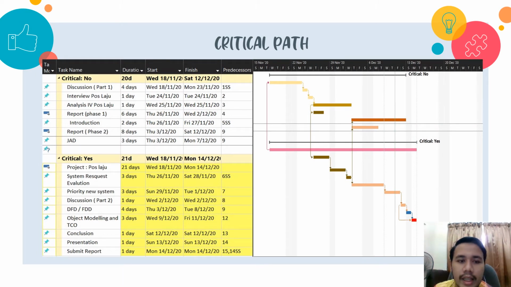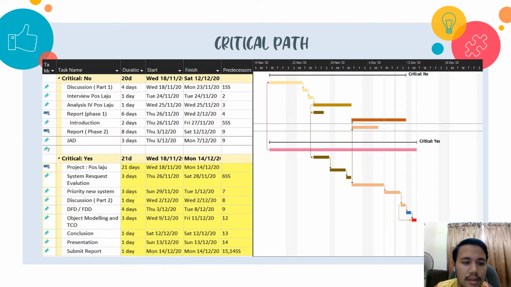Critical path is the sequence of the project network activities which add up to the longest overall duration, regardless of whether that longest duration has float or not. We have a few critical paths.